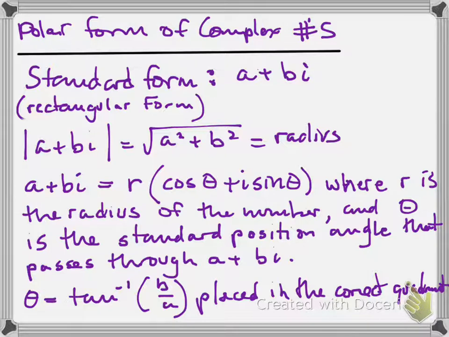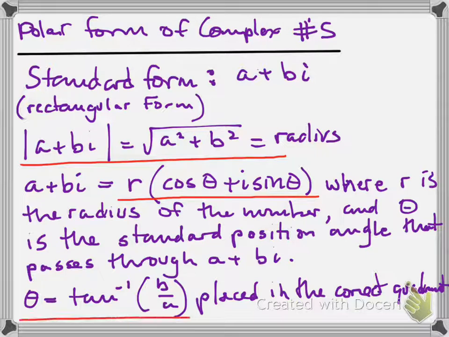All right. Now we already know what radius is. So this is the polar form of a complex number: R times cosine of theta plus I sine of theta, where R is the radius of the number, and theta is the inverse tangent of B over A placed in the correct quadrant.